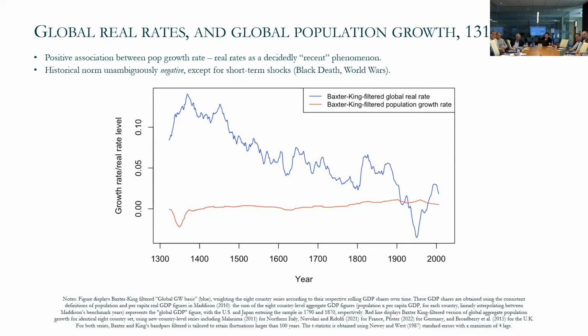Okay. This is the same chart just with population growth. So this is Alvin Hansen's preferred measure to talk about secular stagnation. The same researchers that make assumptions about these new output series, they have to make assumptions about population as well, because they're working from scratch and building on the individual level.